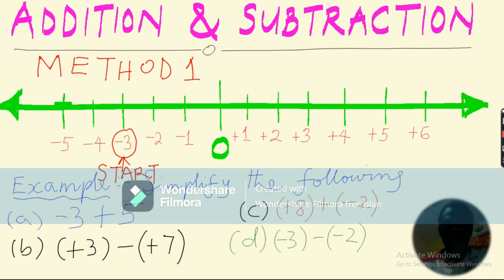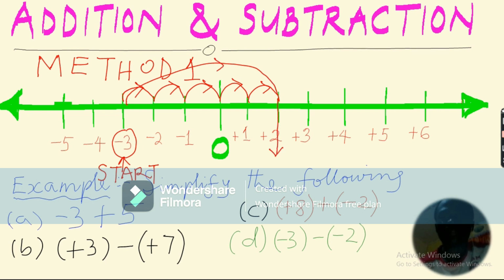Let's count. We'll be using arrows. 1, 2, 3, 4, and 5. The overall thing you have done there is like you have moved, and then you stop wherever you get to. That is finish. You can write finish on that place. And which number does it fall on? It falls on +2.